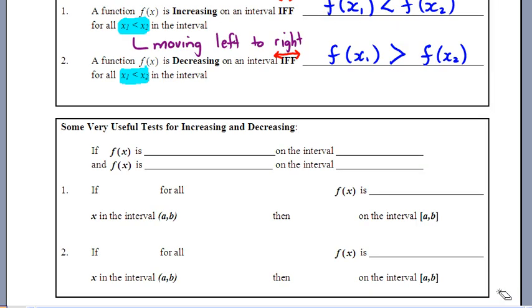Now, we need to find some way to do quick rapid tests with calculus to see whether graphs happen to be increasing or decreasing. And so here is a nice little test that's going to work really well for us.